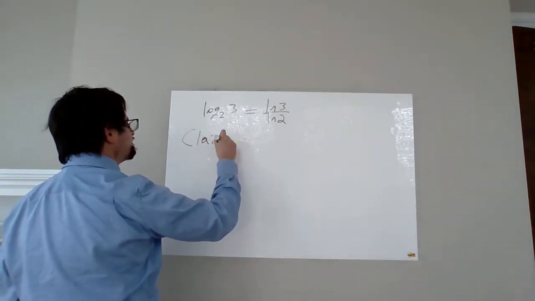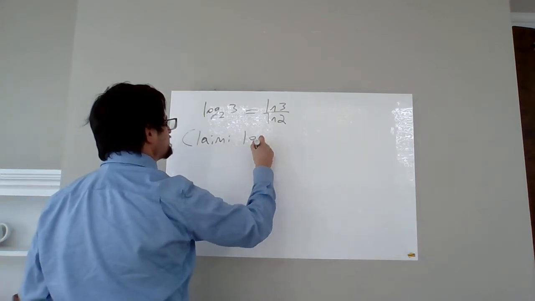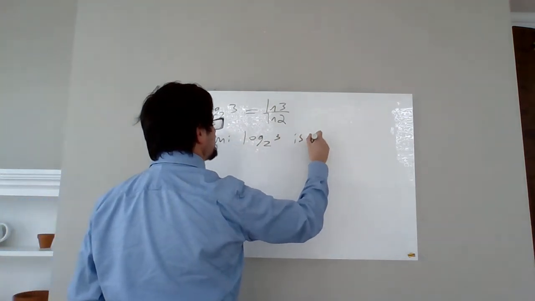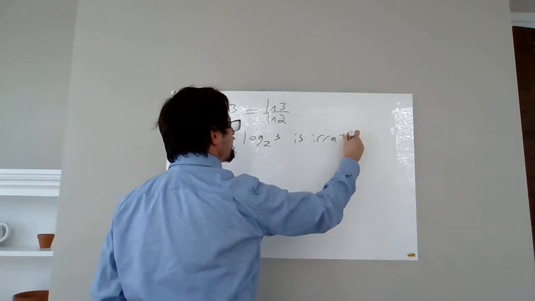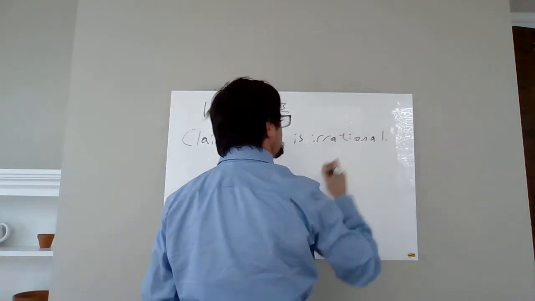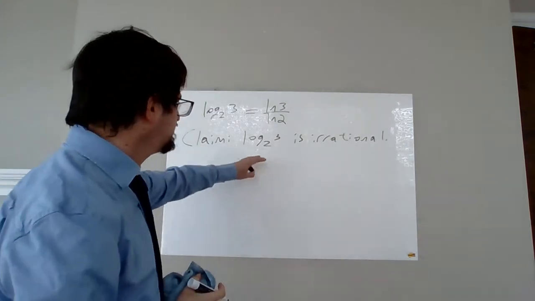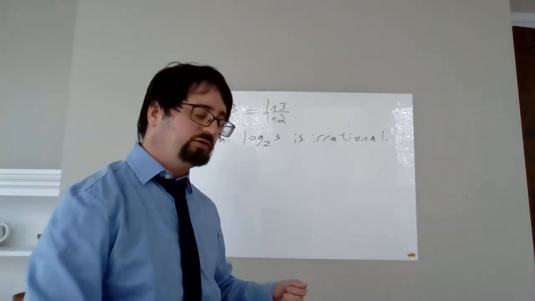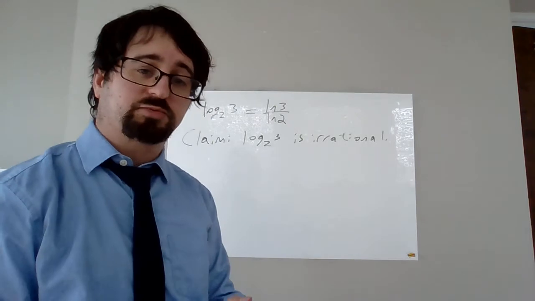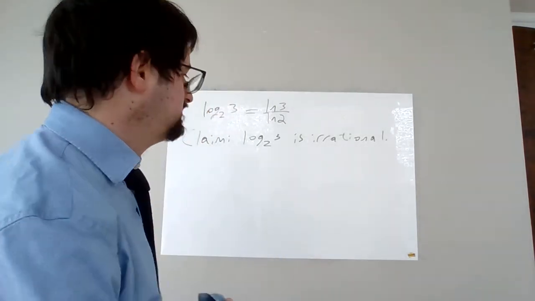Claim: log base 2 of 3 is in fact irrational. Here's how we're going to prove it. We'll assume that this number is rational, and we'll use our rules of logs and exponents to get a contradiction.